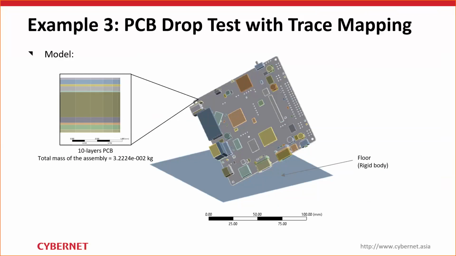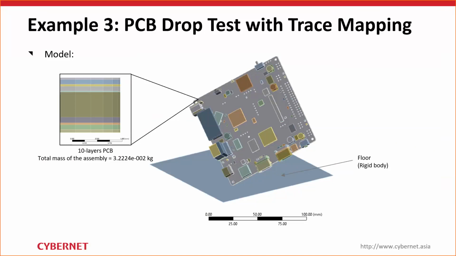And then the floor is set as rigid. Now I mentioned previously that you can set the material for where the device is being dropped as well. But in this particular case, we just set it as rigid. That means no energy will be absorbed by the floor and all will be transferred into the PCB assembly. Rigid body is suitable to use when the difference in rigidity between the ground and also the tested device is significantly large.